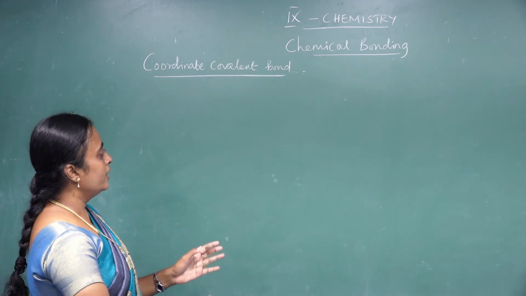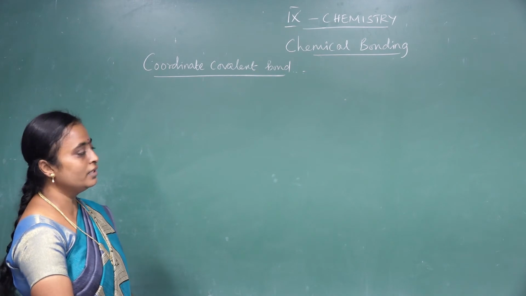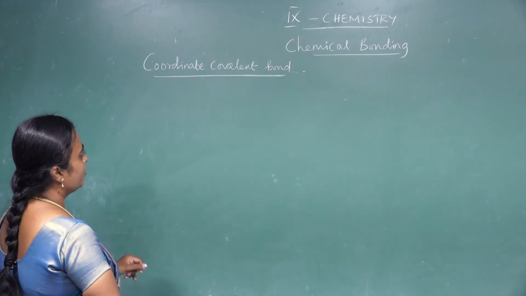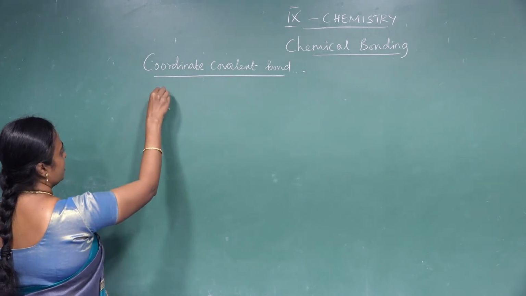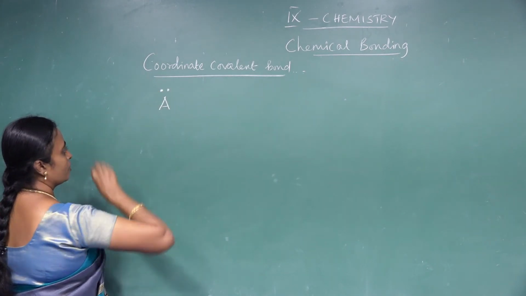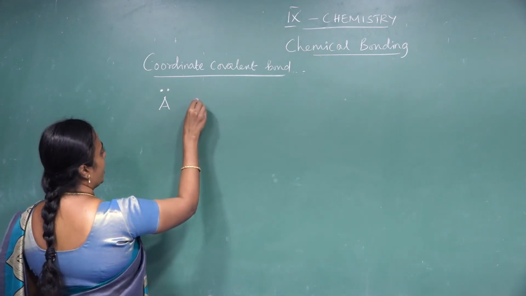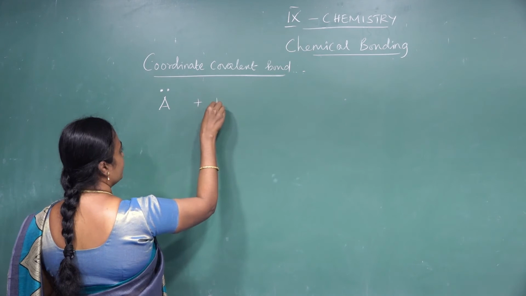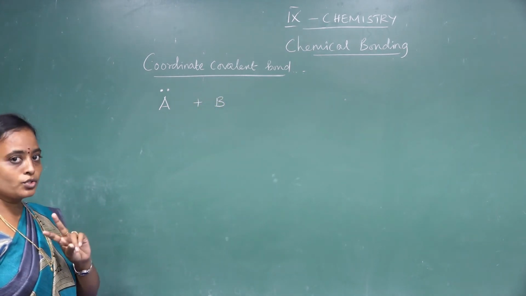Okay, let us take the formation of an ammonia molecule with BF3 as an example. If I take the general case, A atom has an unshared electron pair, and the B atom should be short of how many electrons? 2 electrons.